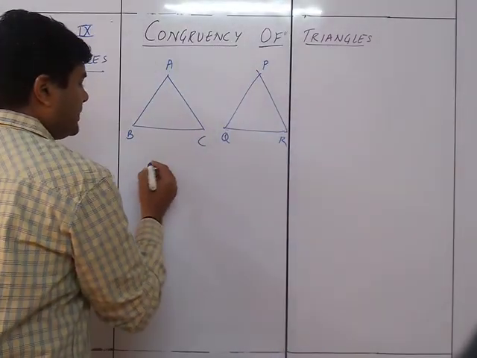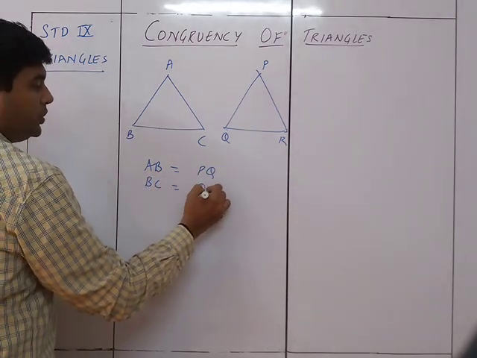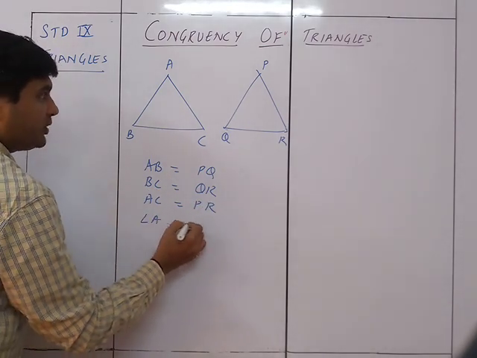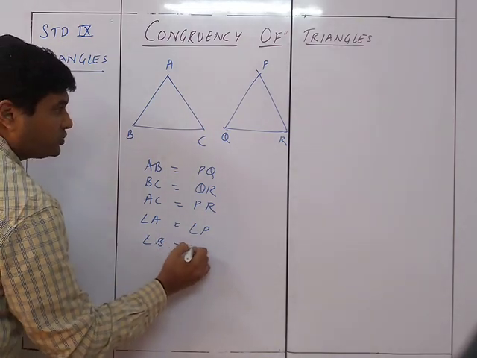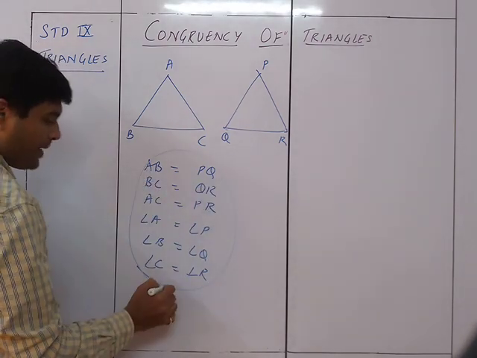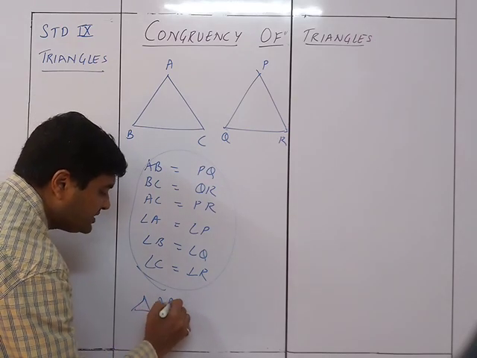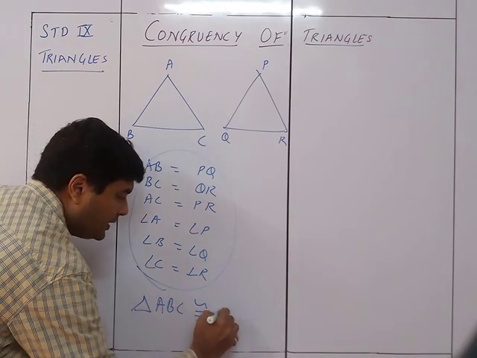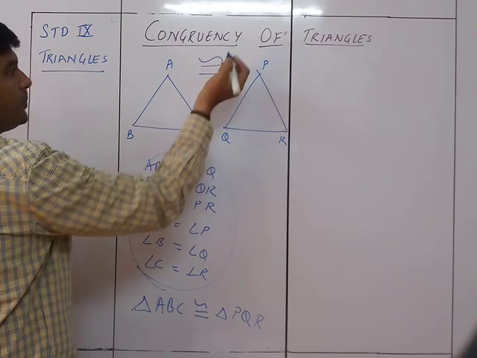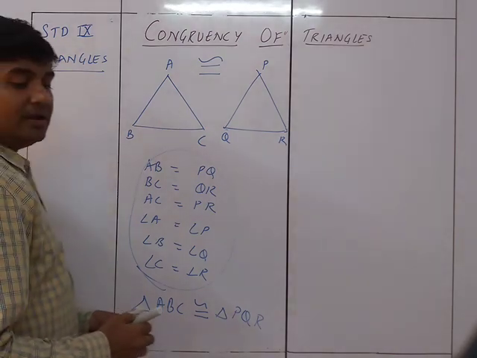So if I have that AB is equal to PQ, BC is equal to QR, AC is equal to PR, angle A is equal to angle P, angle B is equal to angle Q, angle C is equal to angle R, if this is true, then I can say that triangle ABC is congruent to triangle PQR. This is the sign of congruency. Congruency is like an equal sign with an S lying on top of it. So triangle ABC is congruent to triangle PQR.